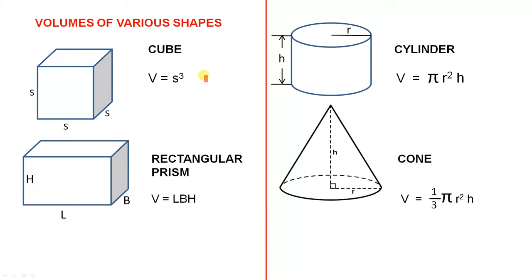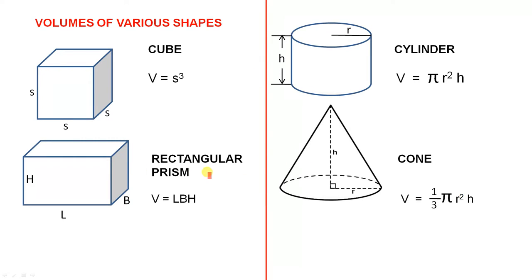And that will be cubic units, so whatever the units are that you're given, when you find the answer in numerical form, you have to write cubic units. So if it's meters, it's cubic meters. If it's centimeters, it's cubic centimeters, and so on.